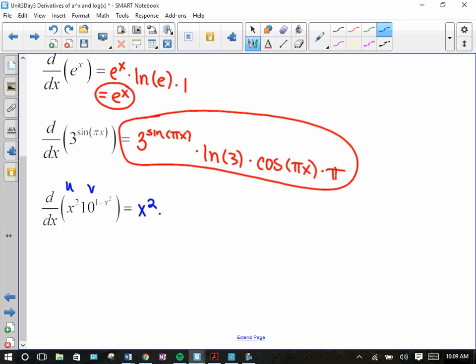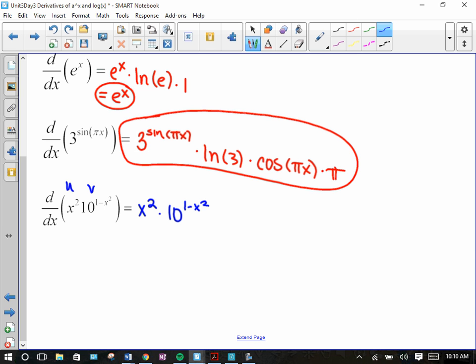It's product rule and chain rule. Guys, don't think hard. First thing we do is we rewrite that exponential. So I put 10 to the 1 minus x squared power.